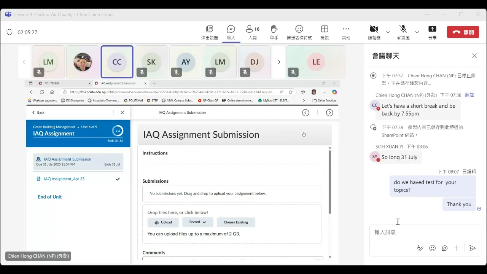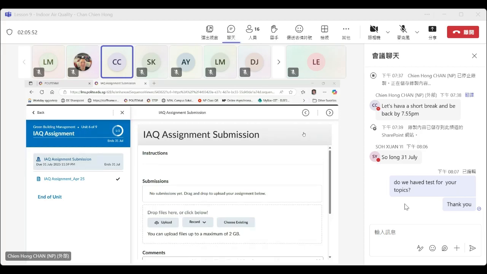Yeah, very good sharing. So when you do some of these observations, do also highlight whether in your personal opinion the quality of the air is good or no good. For example, do you feel that the air is stagnant? Do you feel that the temperature is too high, right?